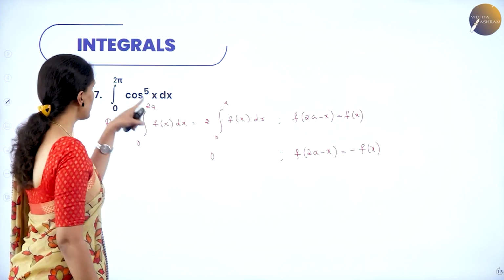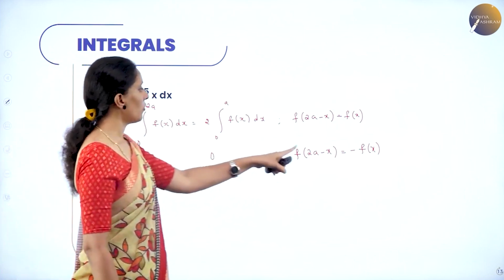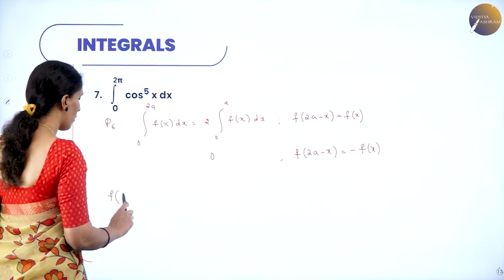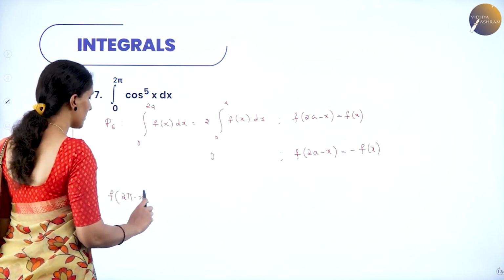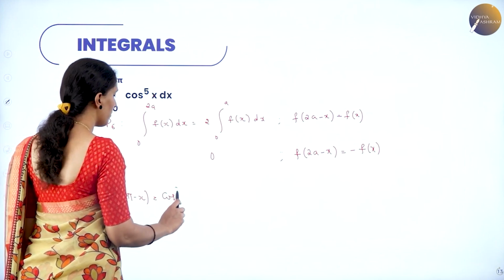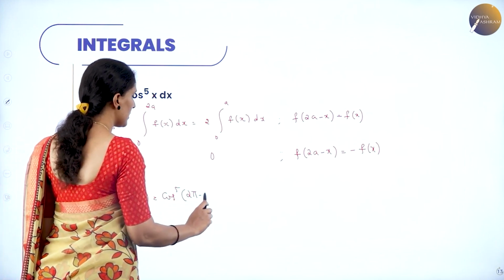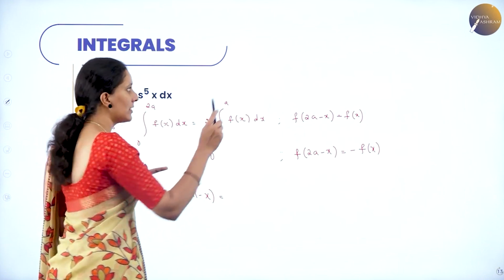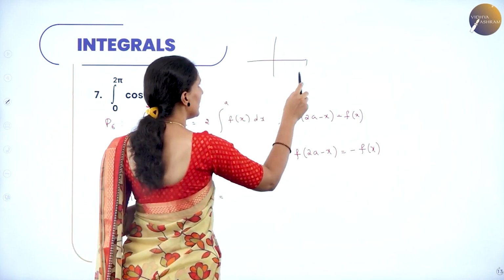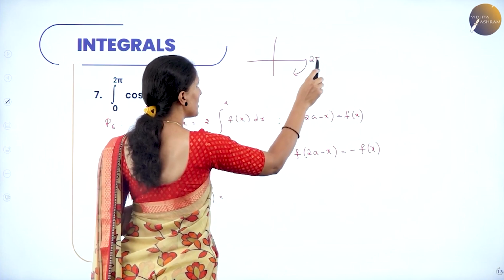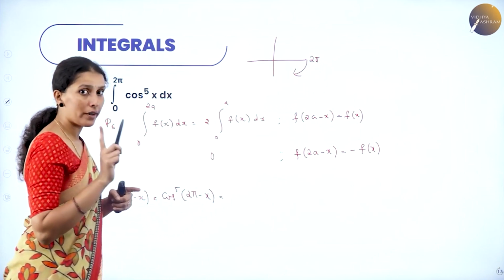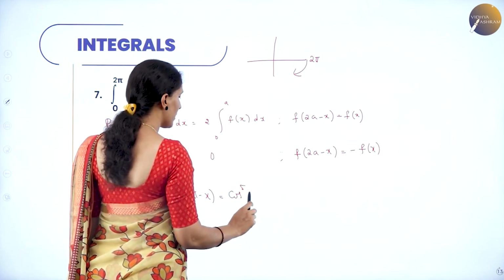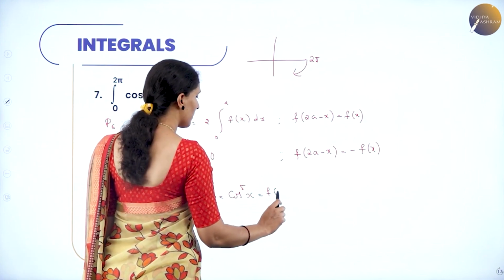So let me check this property here. In the place of 2a, I have 2 pi. So let me take f of 2 pi minus x. Then it becomes cos power 5 of 2 pi minus x. Cos of 2 pi minus x obviously lies in the fourth quadrant because 2 pi is 360, and in the fourth quadrant cos is positive. So therefore it is cos power 5 x, which is f of x only.